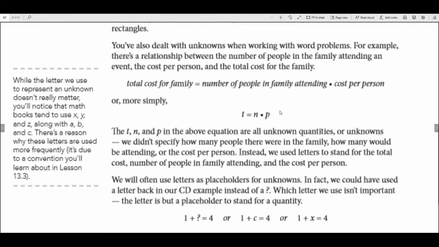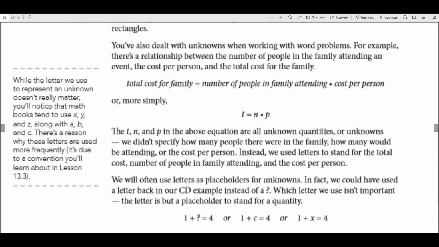Or more simply, T equals N times P. The T, N, and P in this equation are all unknown quantities or unknowns. We didn't specify how many people there were in the family, how many would be attending, or the cost per person. Instead, we just use letters to stand for the total cost, the number of people in the family attending, and the cost per person.